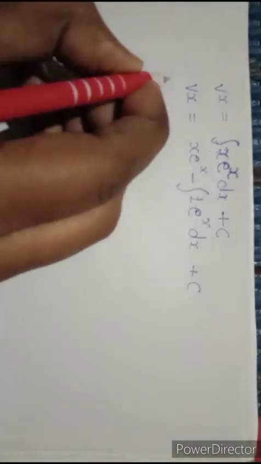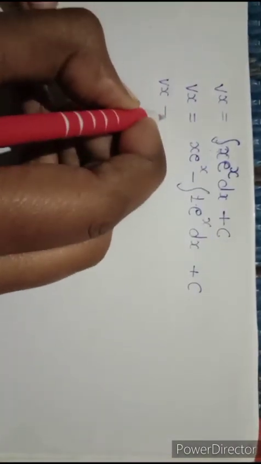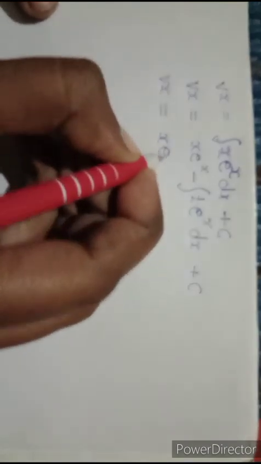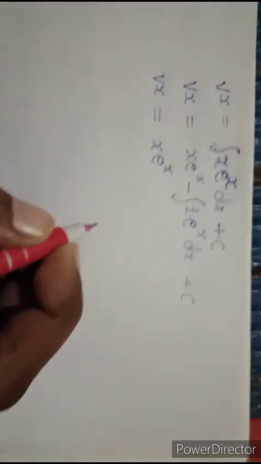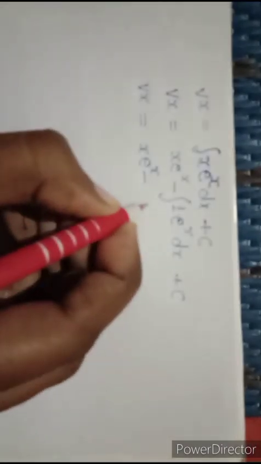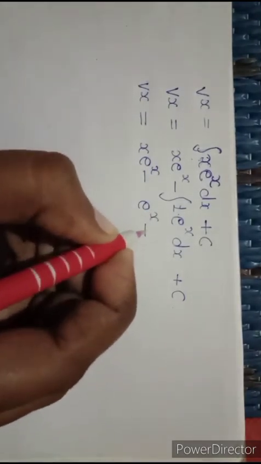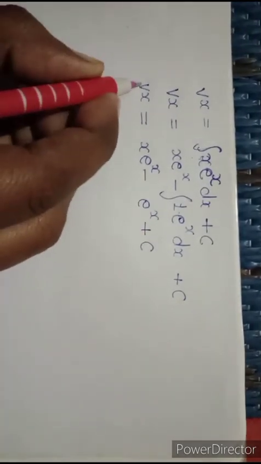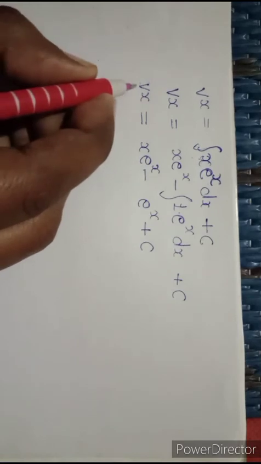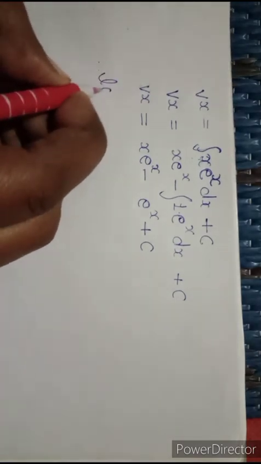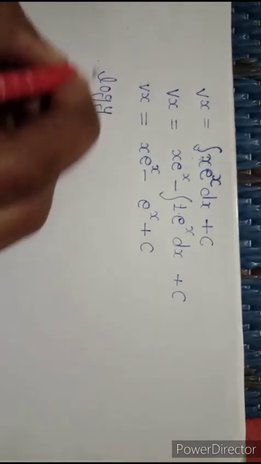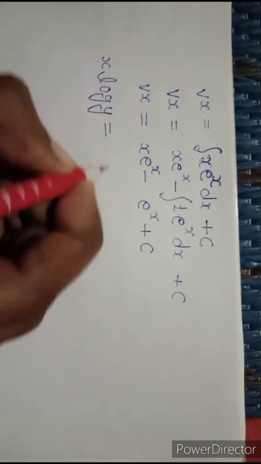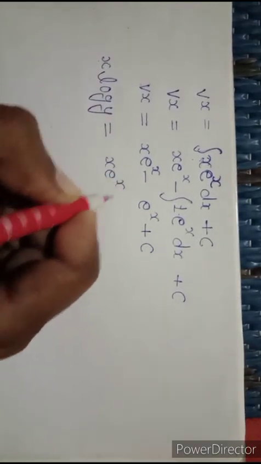So what will be the next step? vx = x e^x - e^x + c. What was the value of v? We have considered v as log y. So x log y = x e^x - e^x + c.